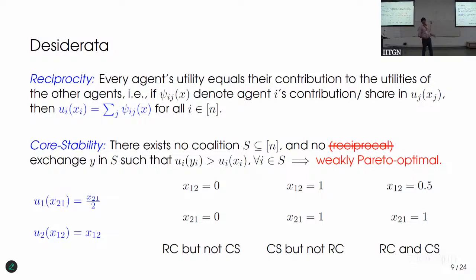I don't say that agents in S need to identify a reciprocal exchange which they strictly prefer. They can identify any exchange. In particular, they can identify an exchange where all of them exchange everything amongst themselves. So this also gives us the guarantee of weak Pareto optimality, because we cannot have an exchange which all the agents strictly prefer to the current exchange, otherwise it's not going to be core stable. So at a very high level, we are seeking an exchange which is reciprocal and core stable.